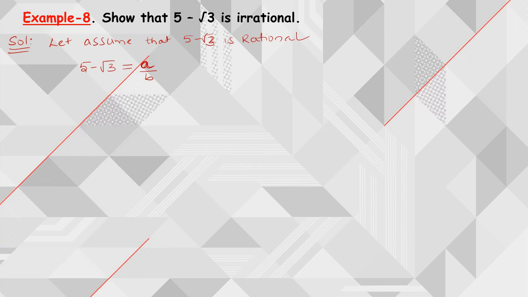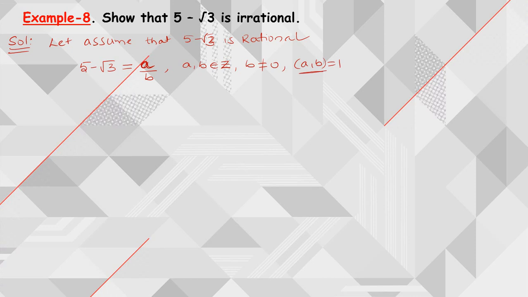So 5 minus root 3 is equal to a by b, where a, b belong to integers and b is not equal to 0. And one more thing, the assumption is that there are no common factors for a and b.